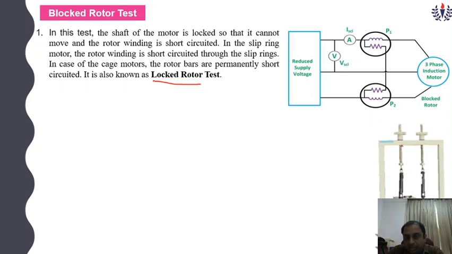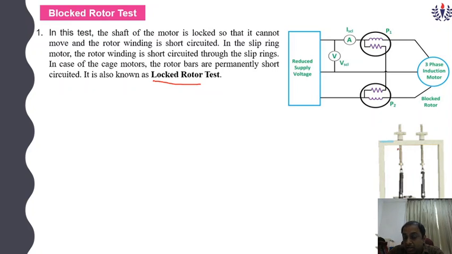In this test, the shaft of the motor is locked so that it cannot move and the rotor winding is short circuited. In the slip ring motor, the rotor winding is short circuited through slip rings, in case of squirrel cage motors, the rotor bars are permanently short circuited.